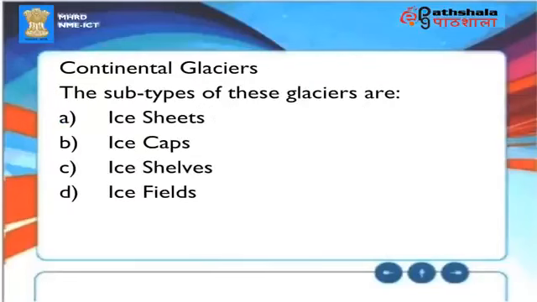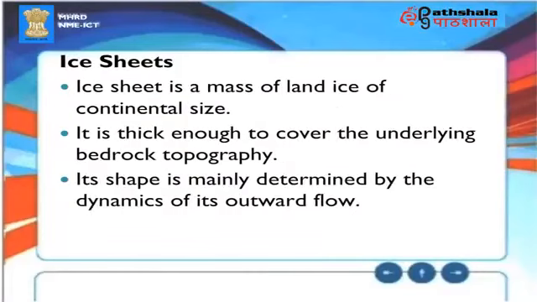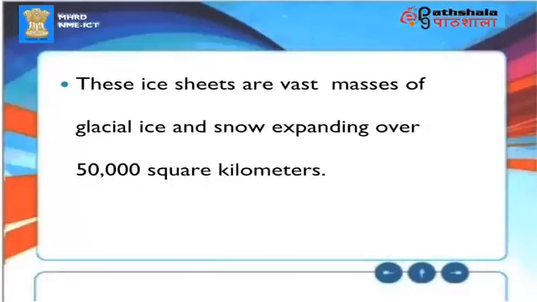The subtypes of these glaciers are ice sheets, ice caps, ice shelves, ice fields. Ice sheets. Ice sheet is a mass of land ice of continental size. It is thick enough to cover the underlying bedrock topography. Its shape is mainly determined by the dynamics of its outward flow.